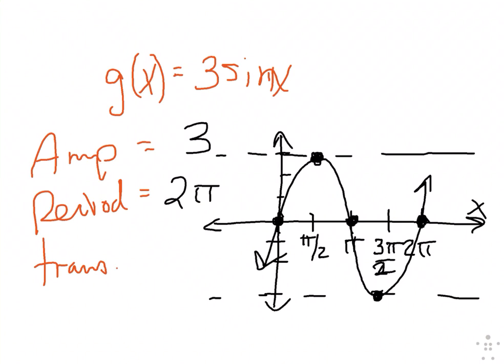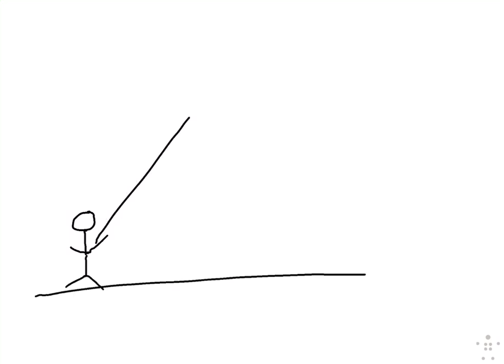Then the last one I'm going to help you set up is 16A. You are flying a kite at an angle of 70 degrees. So here you are standing, flying a kite at 70 degrees.